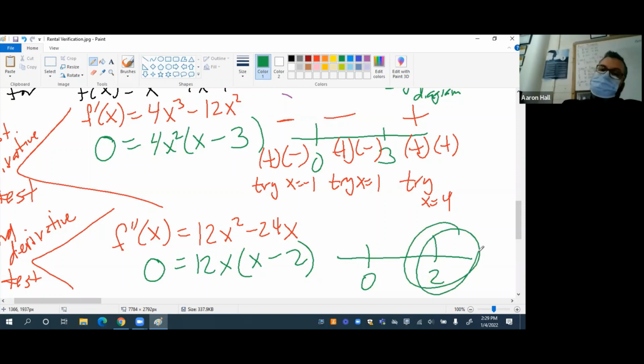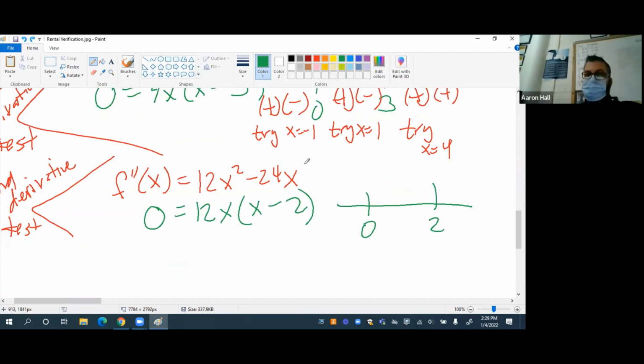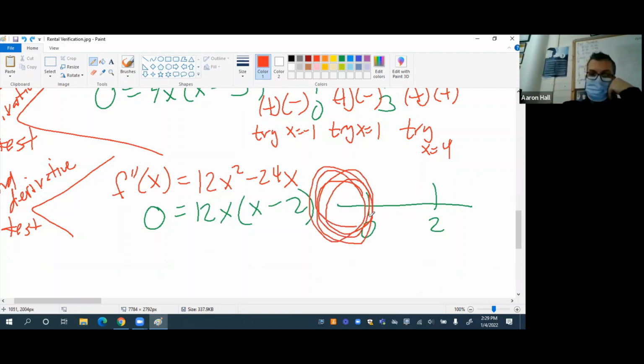Is it guaranteed that x equals 2 is an inflection point? It is not guaranteed. So we have to test it. How do we test it? The sign diagram. Okay. Let's figure out what's going on over here.